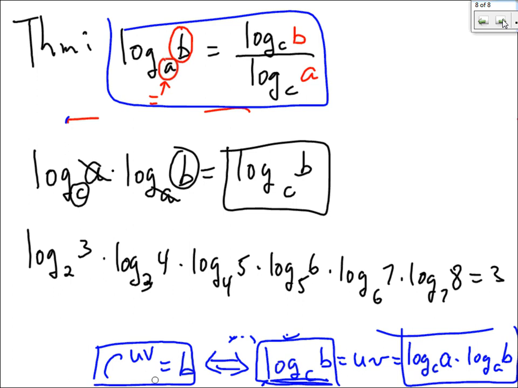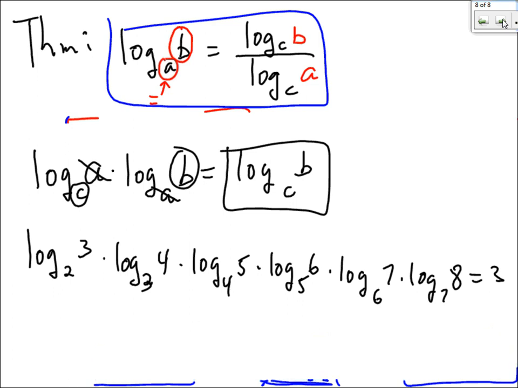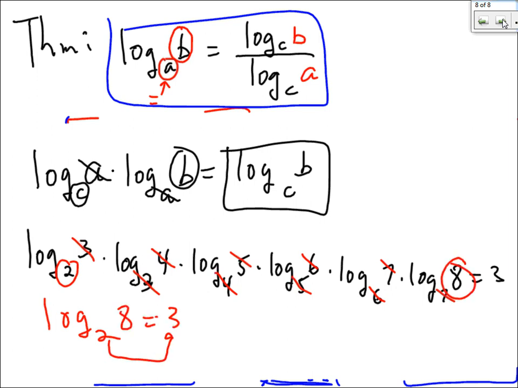And the reason is as follows. You can cancel that, and this and that, and this and that, and 7. So what you're left with is log base 2 of 8. And since 2 to the third power gives me 8, this mess is 3.